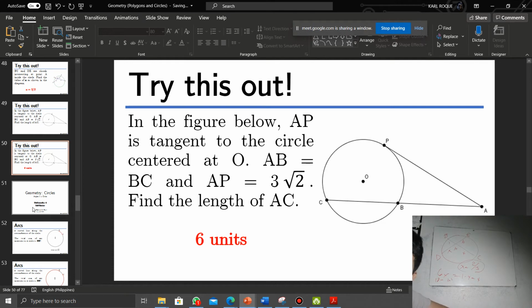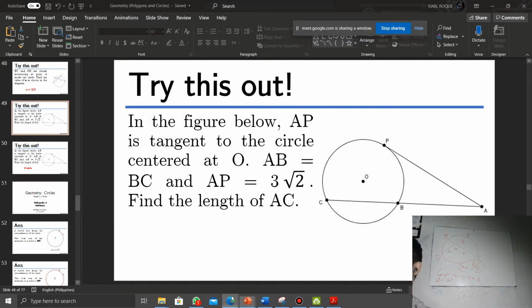May I ask, bakit 6 square root of 2 yung naging sagot nyo kanina? Ayun, okay. Sige. Ayan na, ingat lang. Ingat parati sa formula.